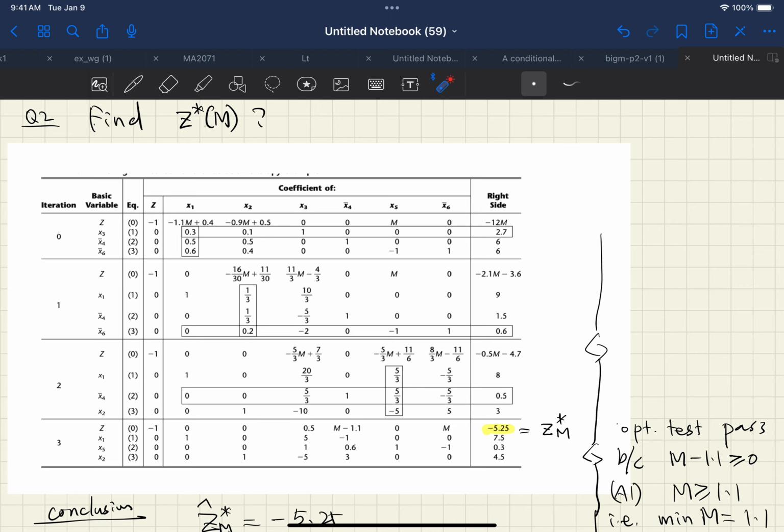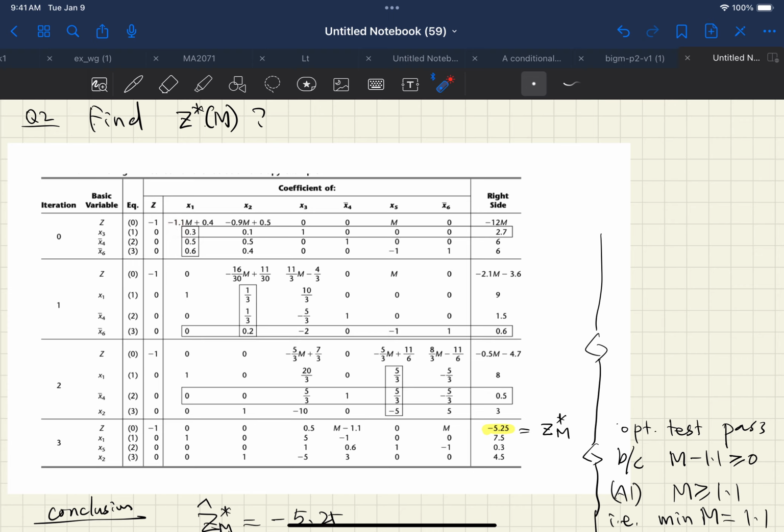The condition for the tableau to stop at the beginning is that everything is non-negative. Because M is greater than or equal to 0, the smallest number is here.